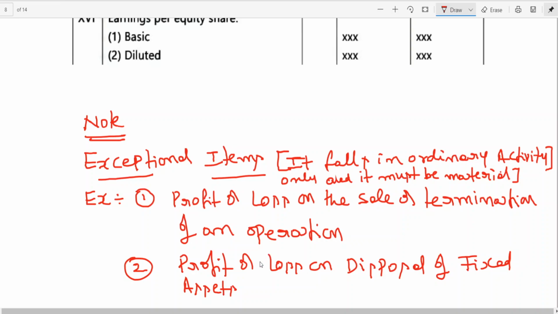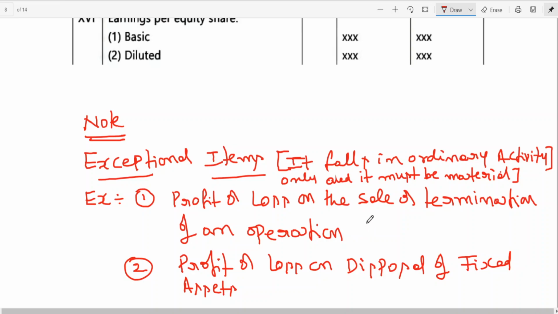Discontinuing operation, I told you. And by discontinuing, you may be getting some profit or loss. I am not talking about that discontinuing operation. Here, profit or loss on sale or termination of particular activity can be taken as exceptional item. Profit or loss on disposal of fixed asset. And don't confuse yourself. This is profit or loss on sale or termination.